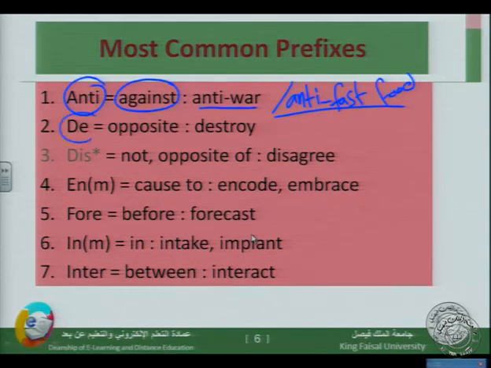Also, we have dis. When we add dis to a word, it gives the opposite meaning, and it also means not.